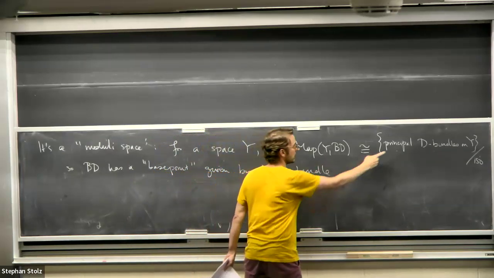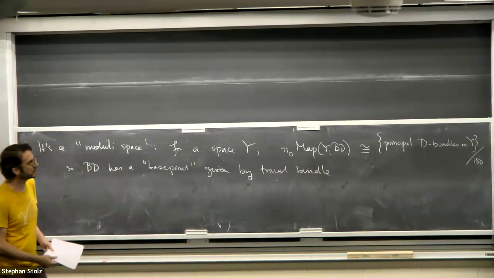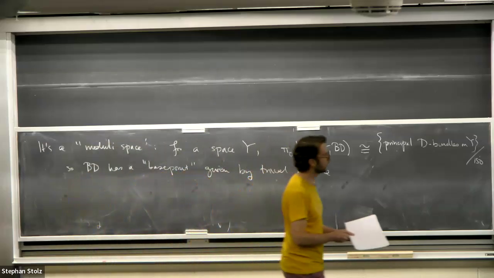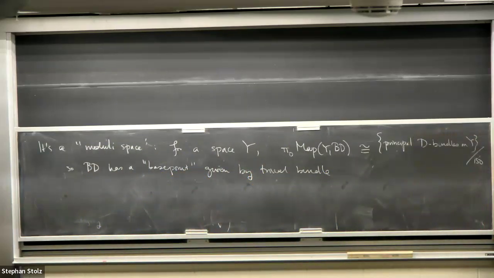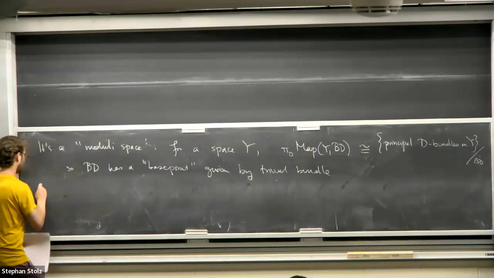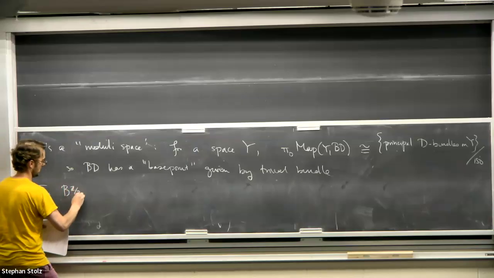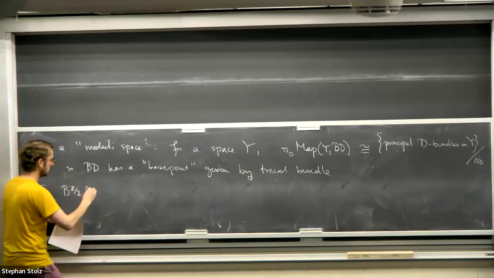There's always a preferred base point in this set. Another notation that people sometimes use is K(D,1), for Eilenberg–MacLane space. For my favorite example, one model of BZ2 is RP infinity.